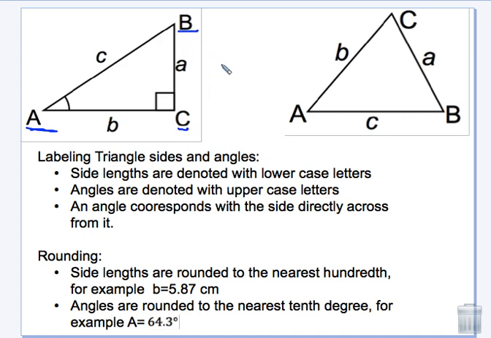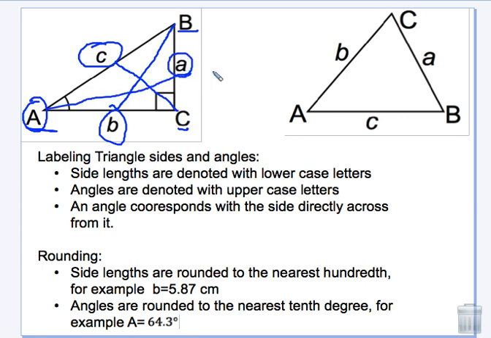So your vertices or your angles are always uppercase letters, and then your corresponding sides should be the same letter but in lowercase. So notice that my lowercase c is directly opposite to angle C. Lowercase b is directly opposite of, or directly across from, angle B, and then angle A is directly across from or opposite to side a.